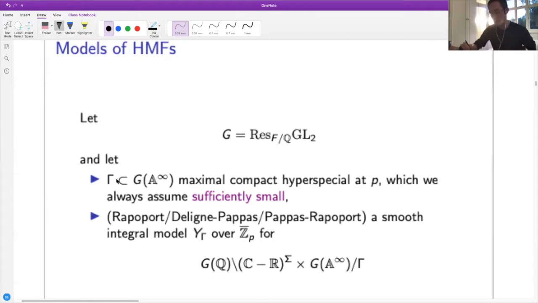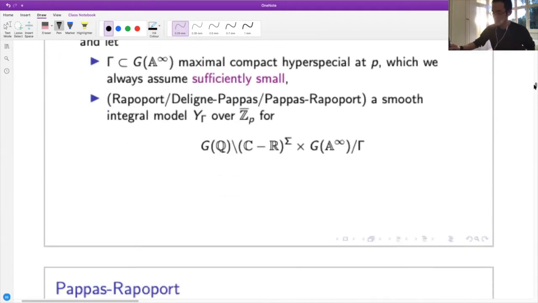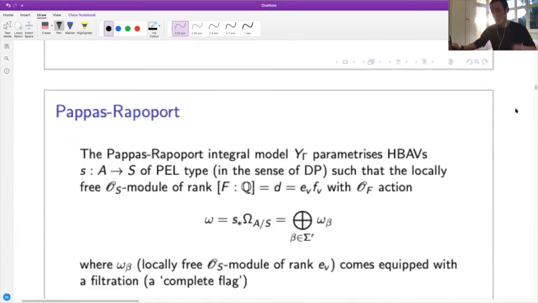So attached to gamma, the analog of level prime to p, there is a smooth integral model Y_gamma over Z_p bar, whose Z-points will recover the double coset for G. And let me just elaborate how you get it. It's not exactly true that Y_gamma is given by the moduli problem.